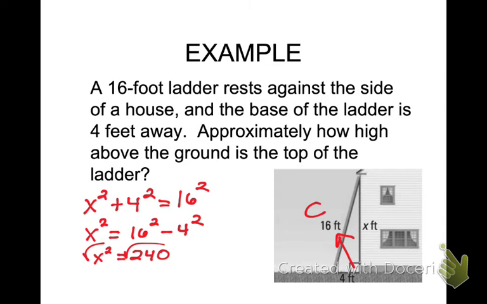Square root that answer. It's about 15.5, so I'm going to put approximately. Those are approximately signs. 15.5 feet would make a whole lot more sense than simplifying our radical. So word problems, and it says approximately, then approximate your decimal.